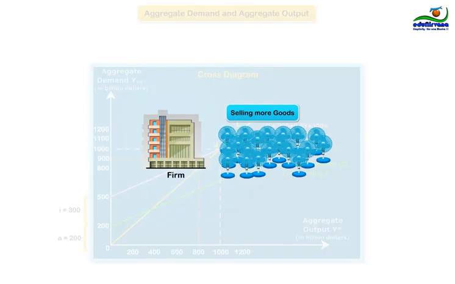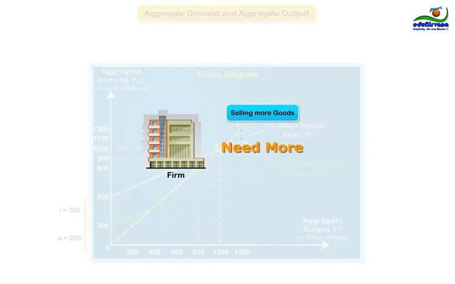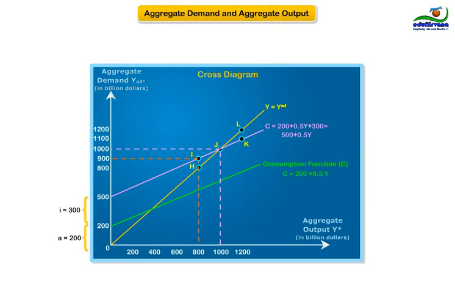At this level, firms are selling $100 billion more goods than they are producing, so inventory falls below the desired level. The negative unplanned inventory investment will induce firms to increase their production in order to raise inventory to desired levels.